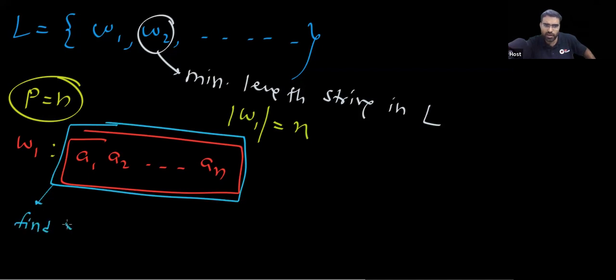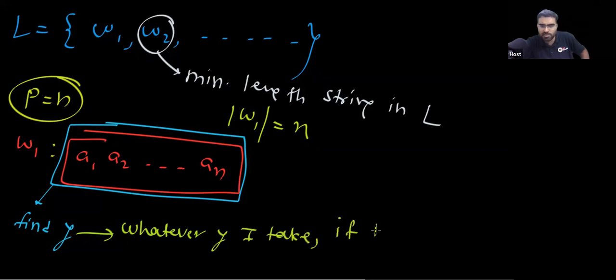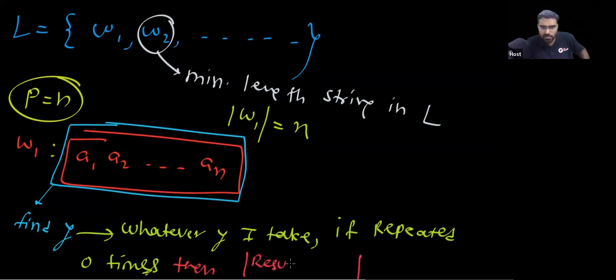But the point is, whatever y I take, if repeated 0 times, tell me the length of the resulting string. The length of the resulting string will definitely be less than n.